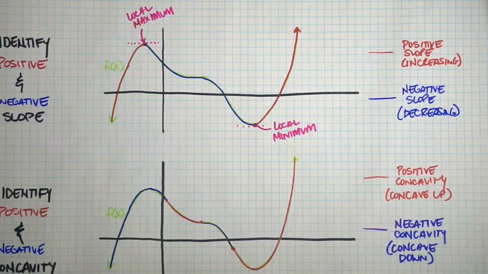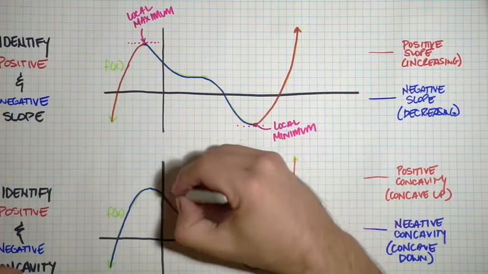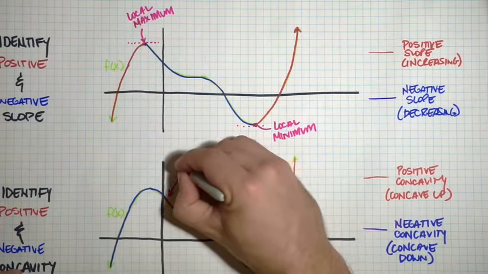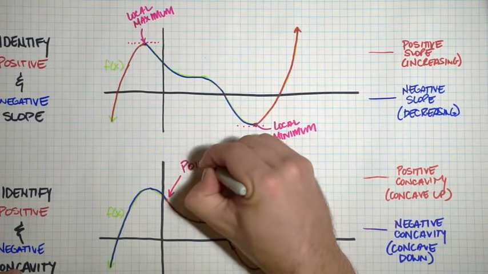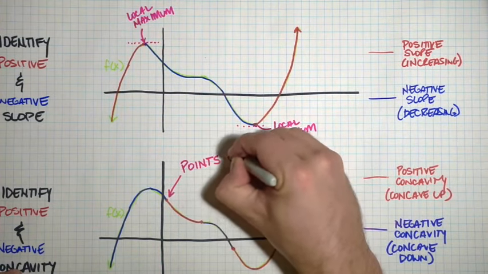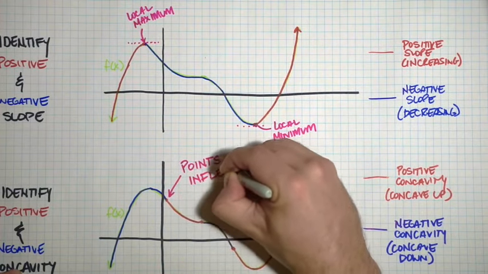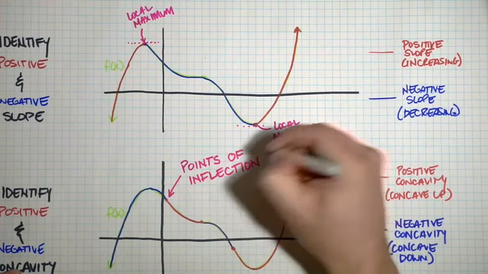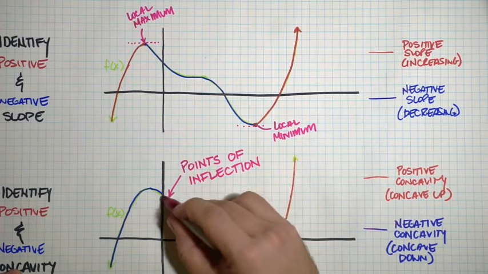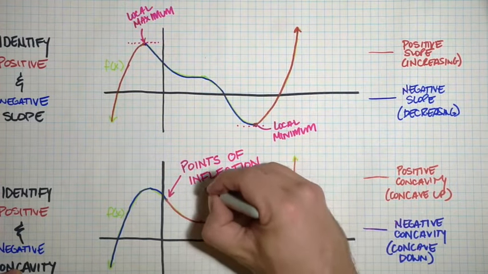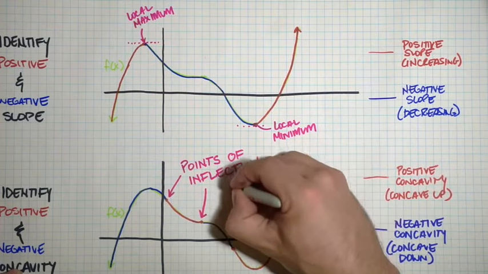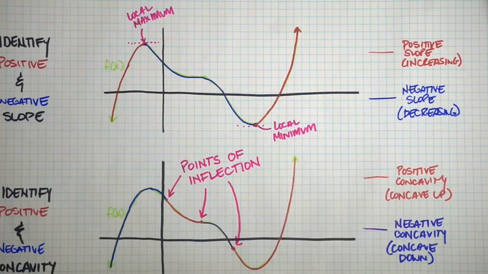We call these points points of inflection. So there's one of them there where it switches from a positive concavity to a negative concavity. There's one of them there as well, and there's also one of them right there. So we would have 3 points of inflection along this graph.